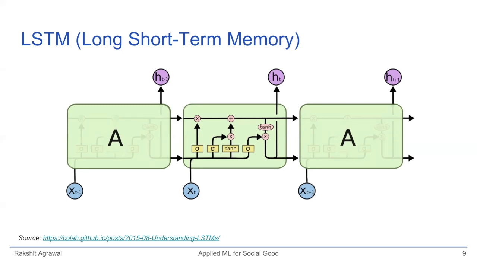There are 3 different gates, and a gate is basically just like a gate in a digital circuit. You have 0, 1, but it's a soft gate, which means you don't have a step function, you have a sigmoid function, as I explained earlier, right? Instead of just saying 0 or 1, you are holding a floating point number between 0 and 1, which determines how much information you transmit. So the gate is in charge of that.